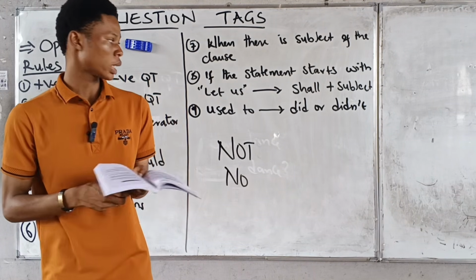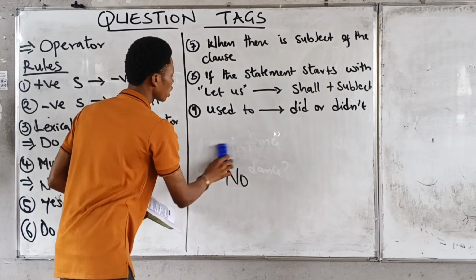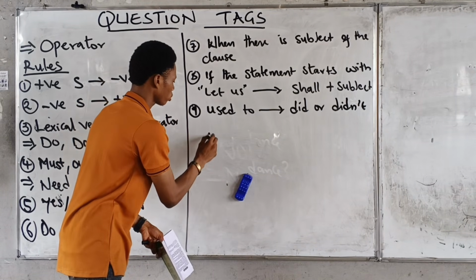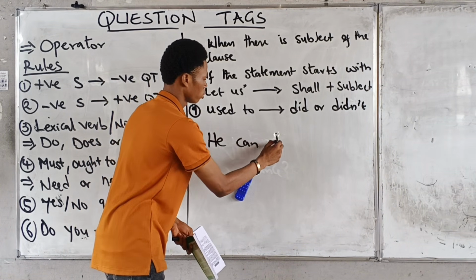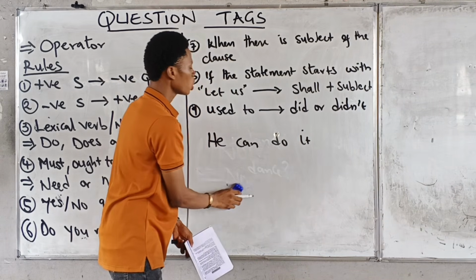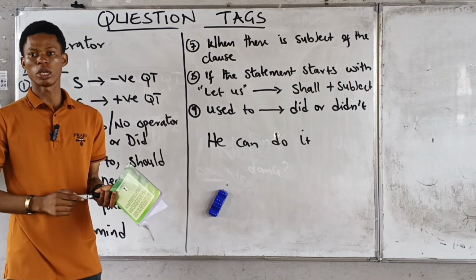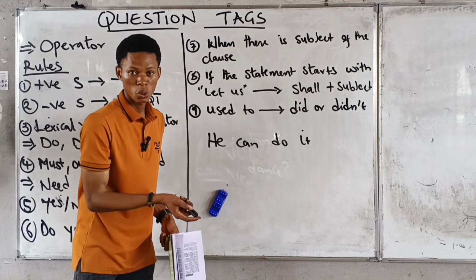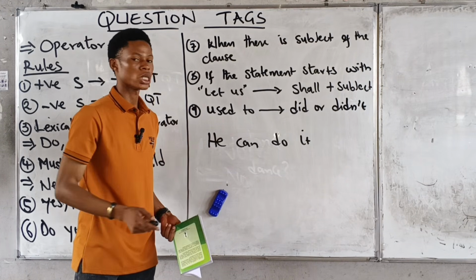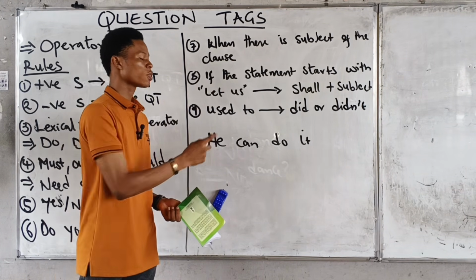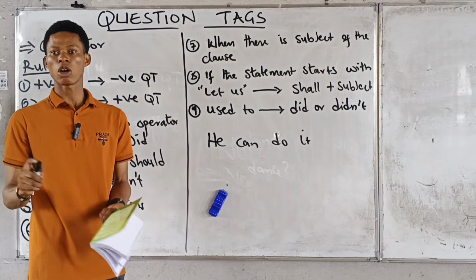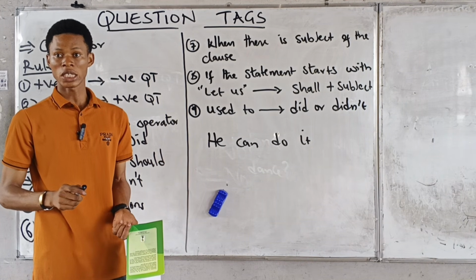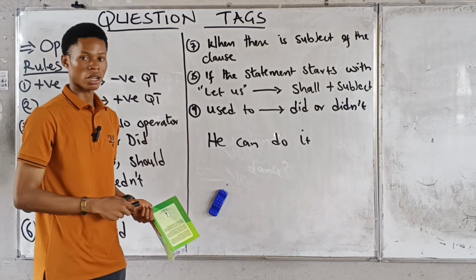All right, now let's look at this example. "He can do it." Is this a positive statement or a negative statement? Positive, right? Because there is no "not" or "no." So, "he can do it." Now, since this is a positive statement, will it have a negative question tag or a positive question tag? Negative question tag. So what would be the question tag of this?